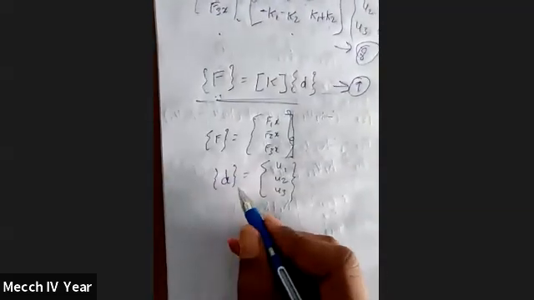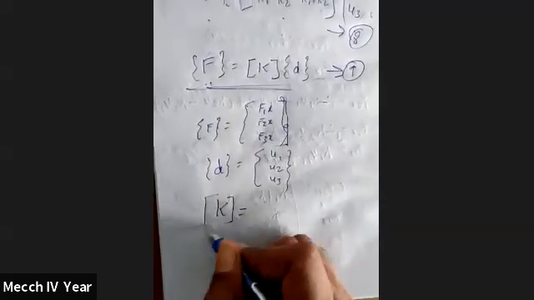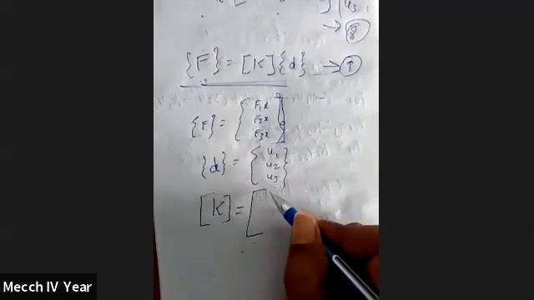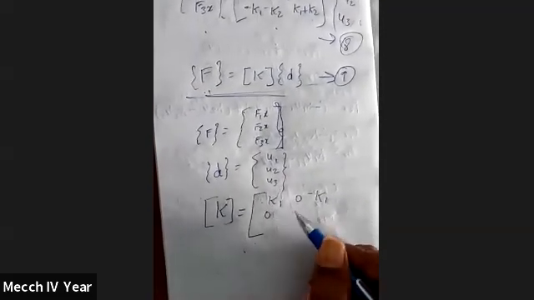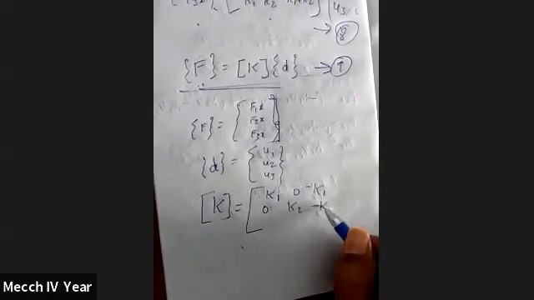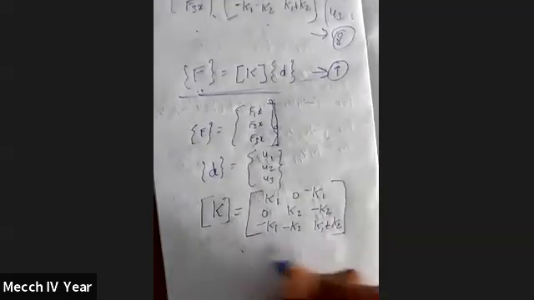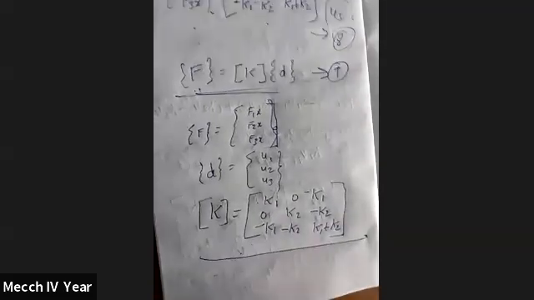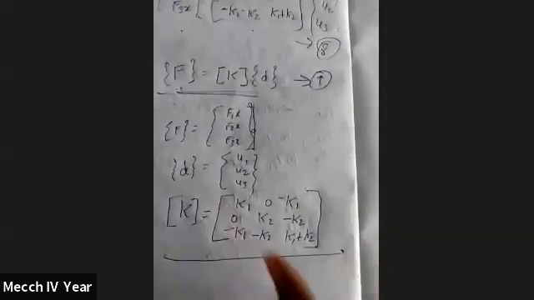At the same time, the global nodal stiffness matrix K is equal to K1, 0, minus K1, then 0, K2, minus K2, then minus K1, minus K2, K1 plus K2. This is the final global matrix. So this is how to find the spring assembling.